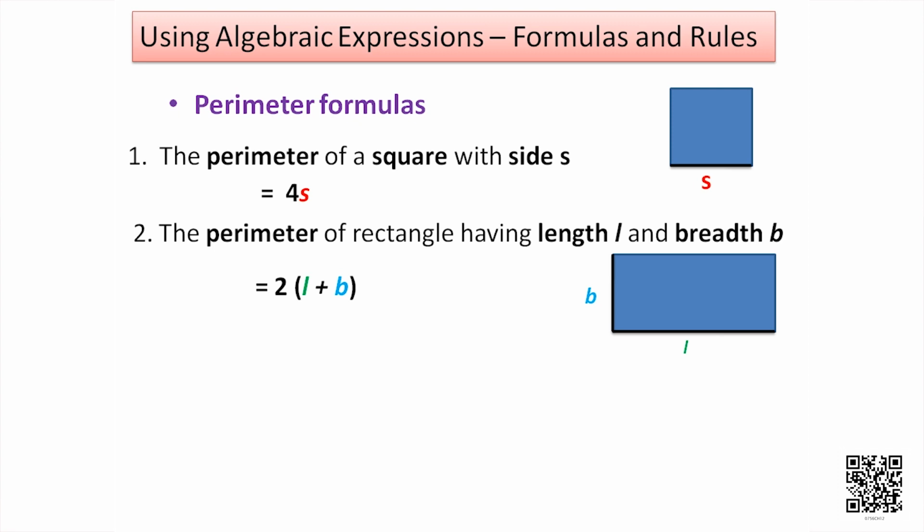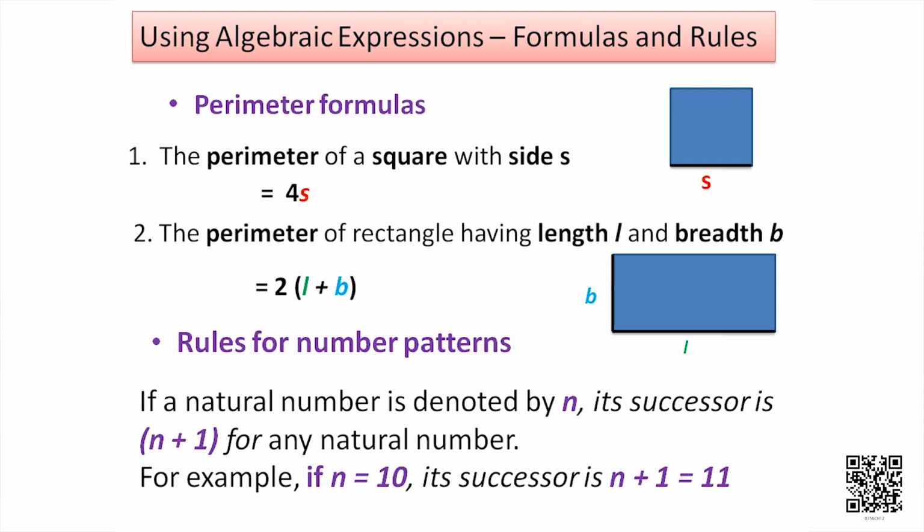We have seen how formulas are framed with the help of algebraic expressions. Now, there are certain rules for number patterns also. If we have a natural number n, its successor is written as n plus 1 for any natural number.